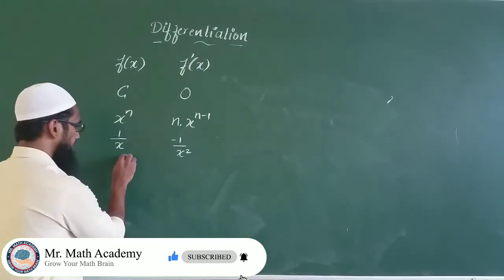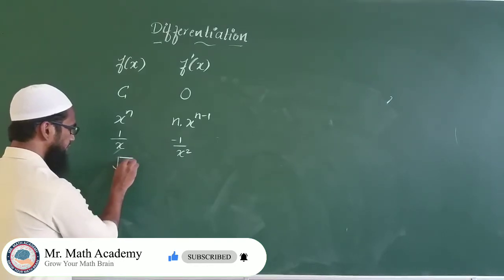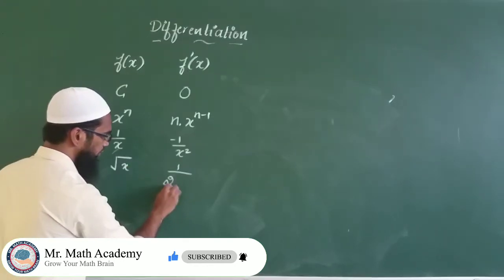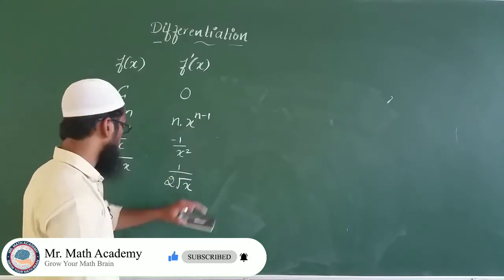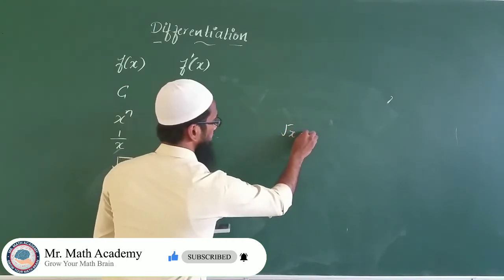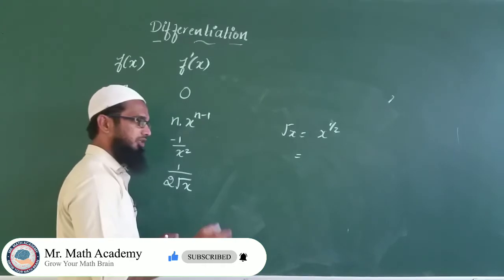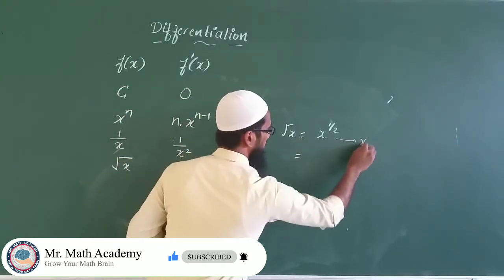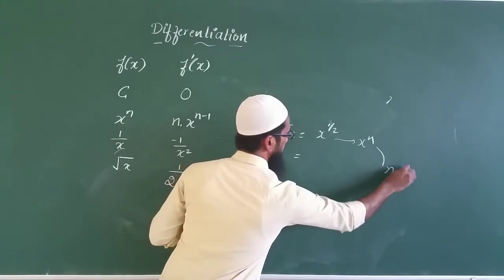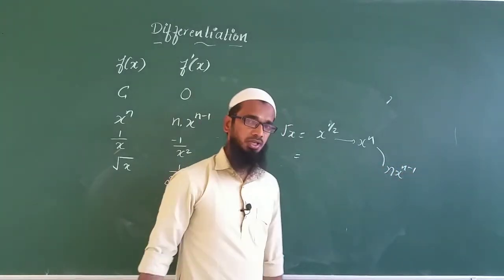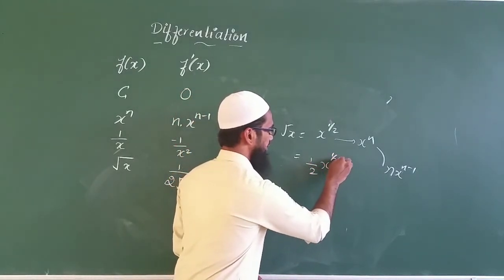Similarly, I have root x. The differentiation of root x is 1 over 2 root x. Again, we can derive this using the same formula. Root x can be written as x to the power half. This is in the form of x to the power n, and the formula is n into x to the power n minus 1, where n is half. So I write half x to the power half minus 1.